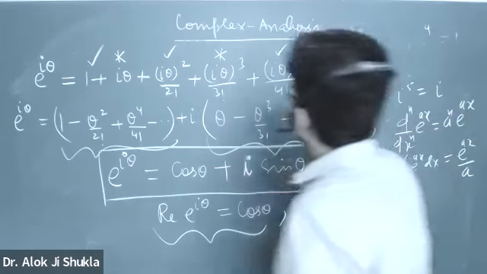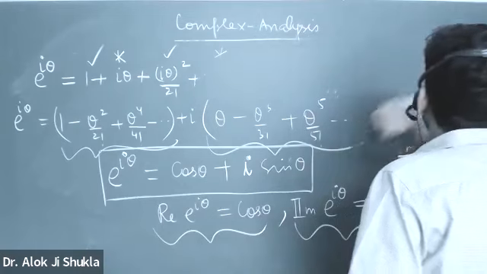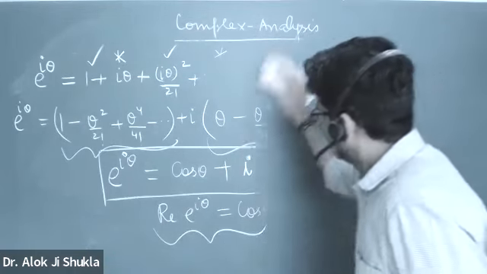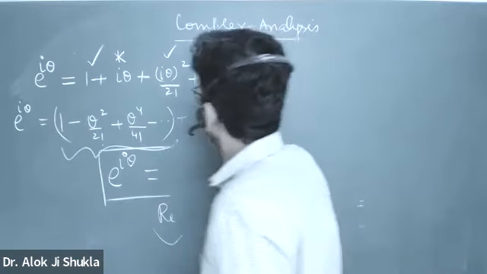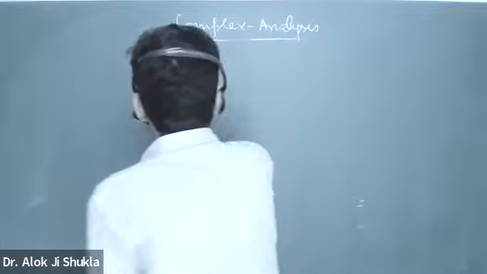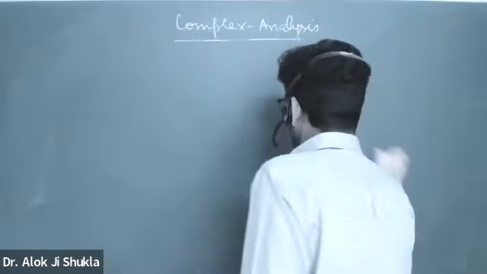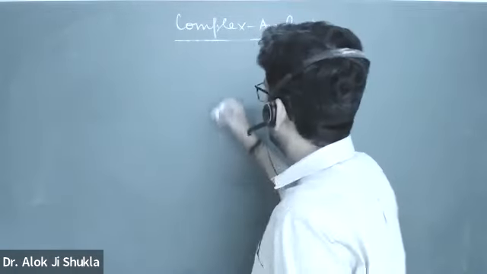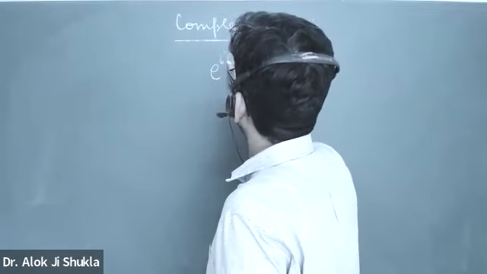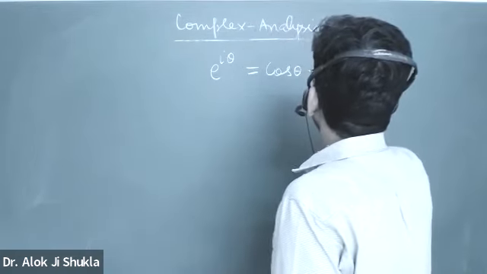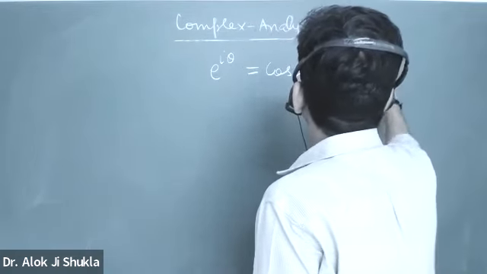Now, so many things were resolved because of this Euler's equation. And Feynman called this particular equation astonishing, because it was like this: e to the power iota theta is cos theta plus iota sin theta.